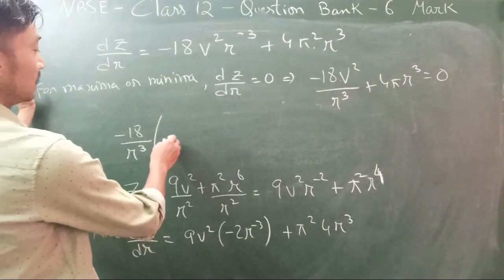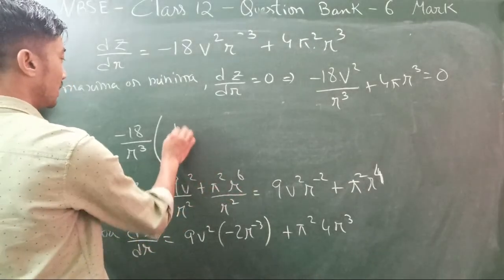So that's going to be b square. What was the value of b square?